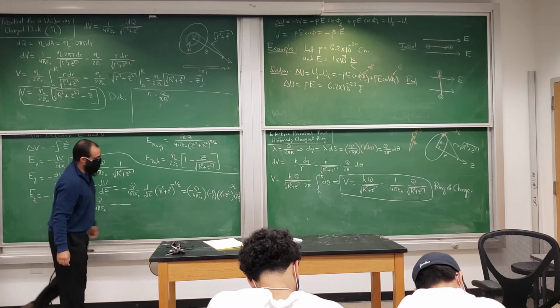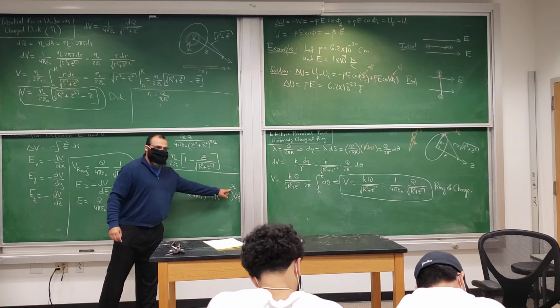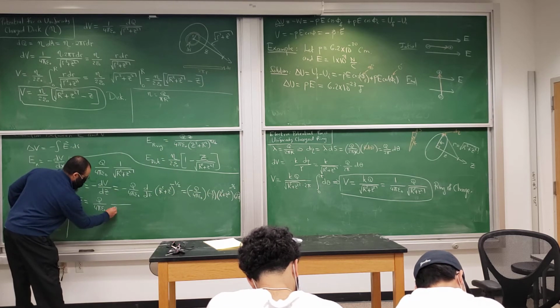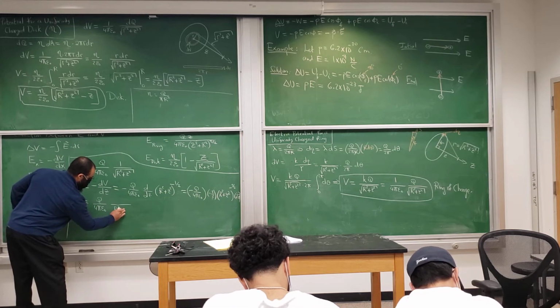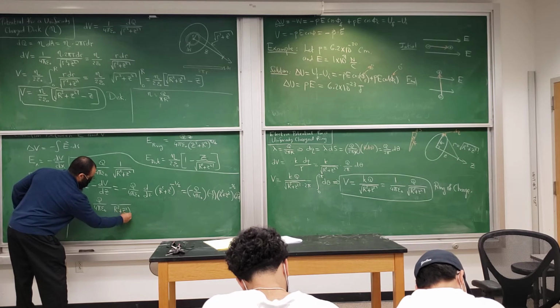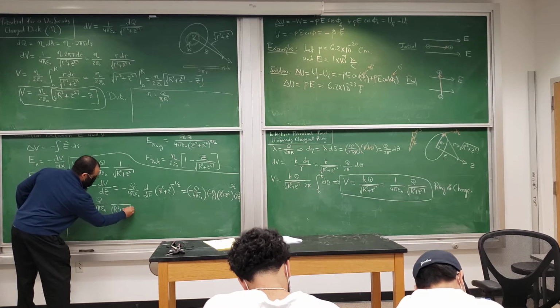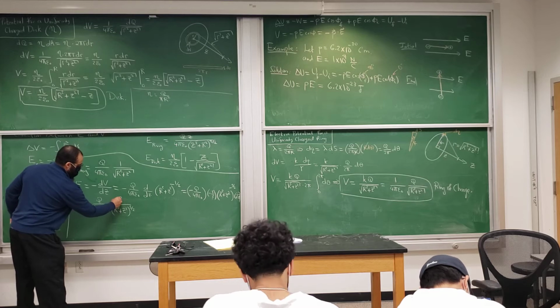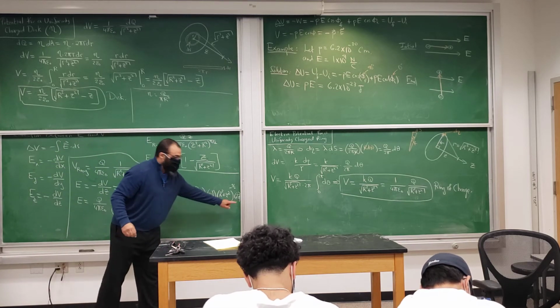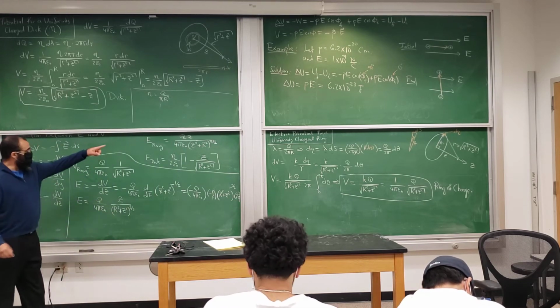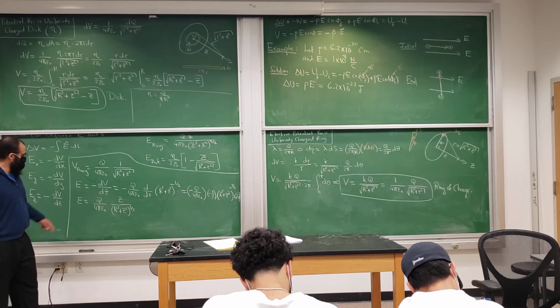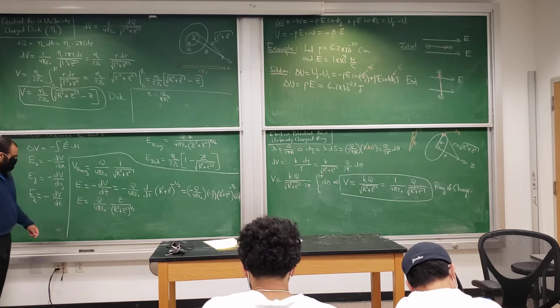And then r squared plus z squared to the minus 3/2 is r squared plus z squared to the 3/2, just put it on the bottom. And then there will be a z on top of it. And so we got that. So it works out. qz over all that stuff.